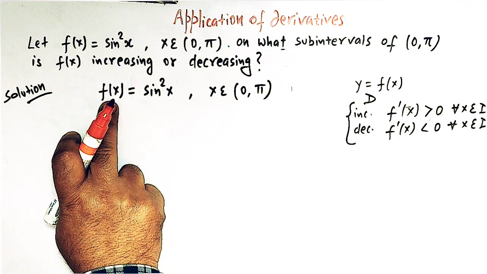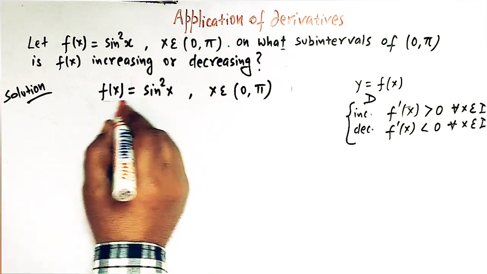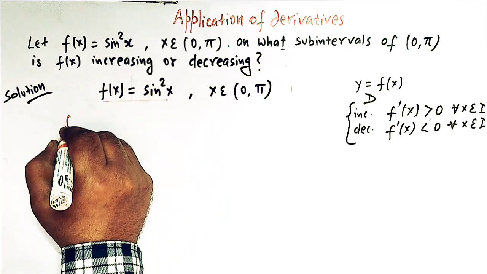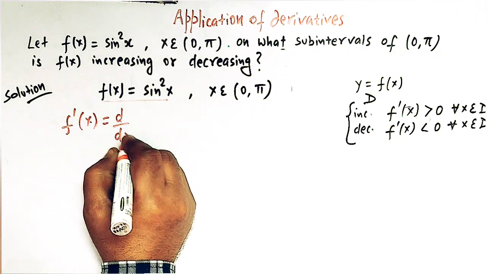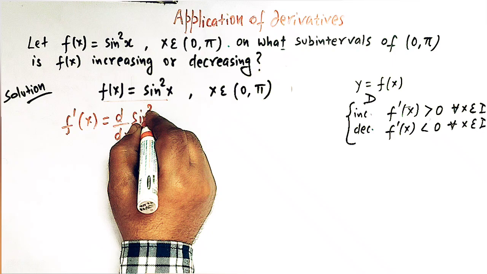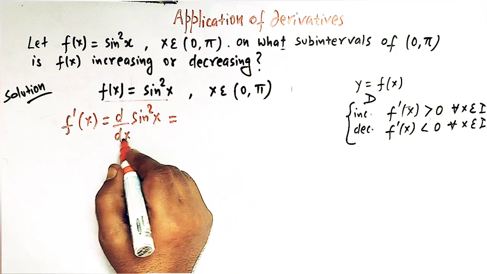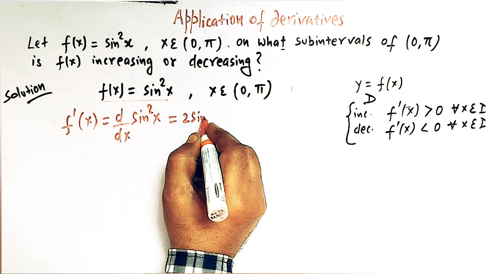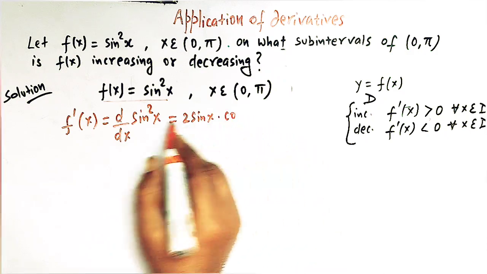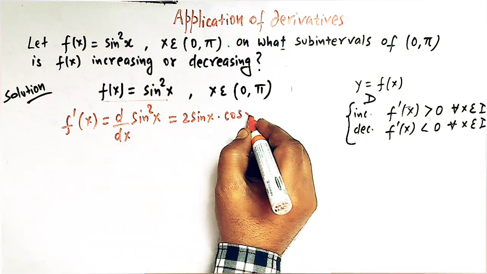So let us first find out the derivative of this function. So we have f prime of x is equal to d by dx of sine square x. Now the derivative of sine square x is simply 2 sine x, and then by chain rule the derivative of sine x is cosine x.